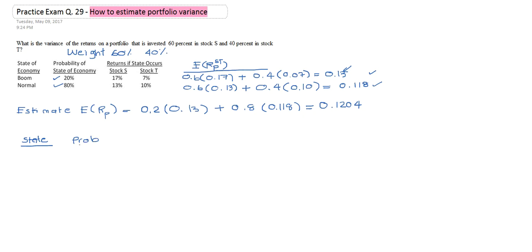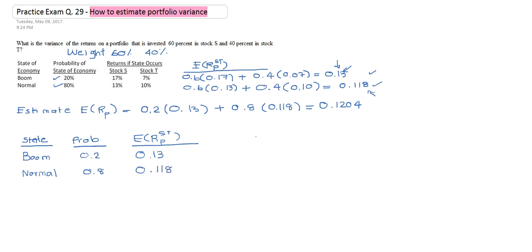We have the state of the economy, boom and normal, with probability of 20% for boom and 80% for normal, and the expected return of the portfolio at each state: 13% for boom and 0.118 for normal.